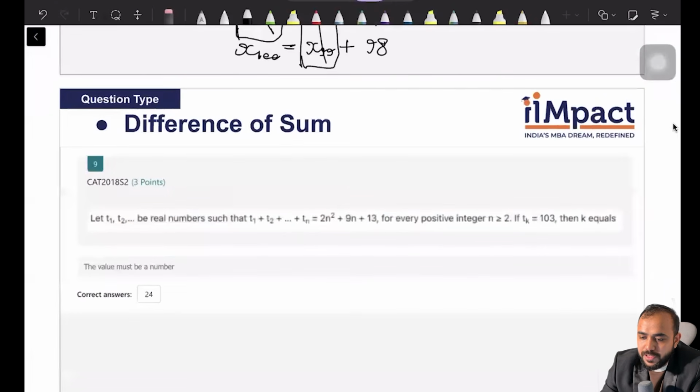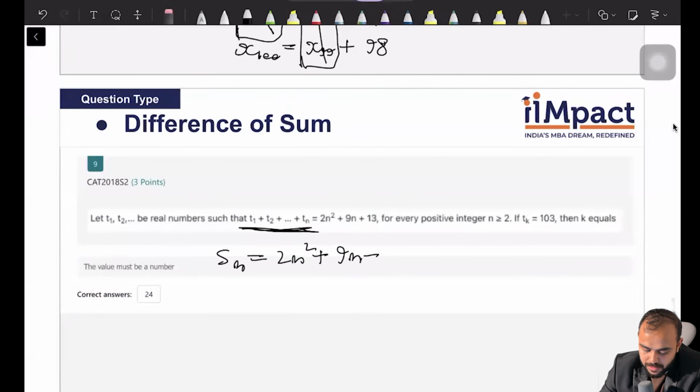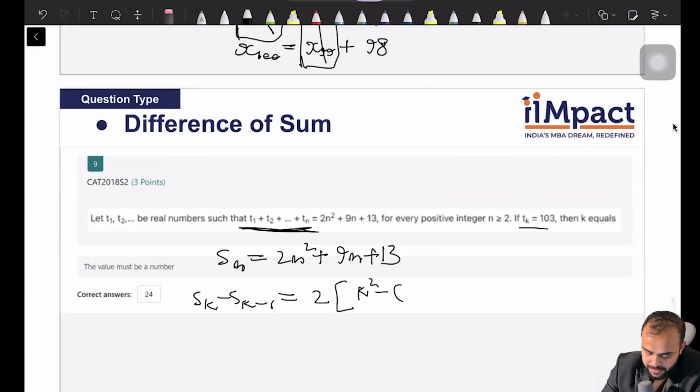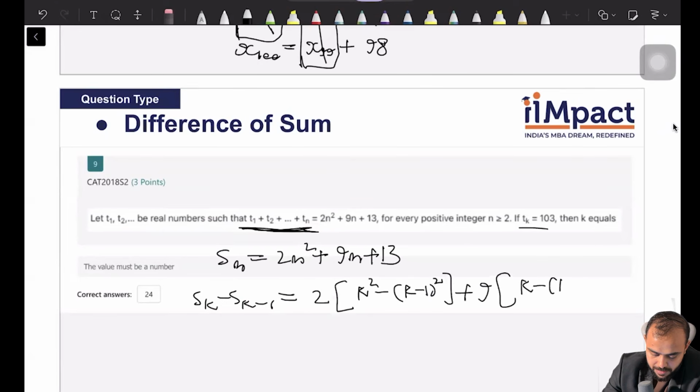Now, this is the difference of summation that I was talking about. T1, T2 are real numbers. This is actually Sn given to you: 2n square plus 9n plus 13. Now, they are saying that Tk is equal to 103, which means Sk minus Sk minus 1, which is going to be 2 times k square minus k minus 1 square plus 9 times k minus k minus 1 plus 13 minus 13, which is going to be 0.